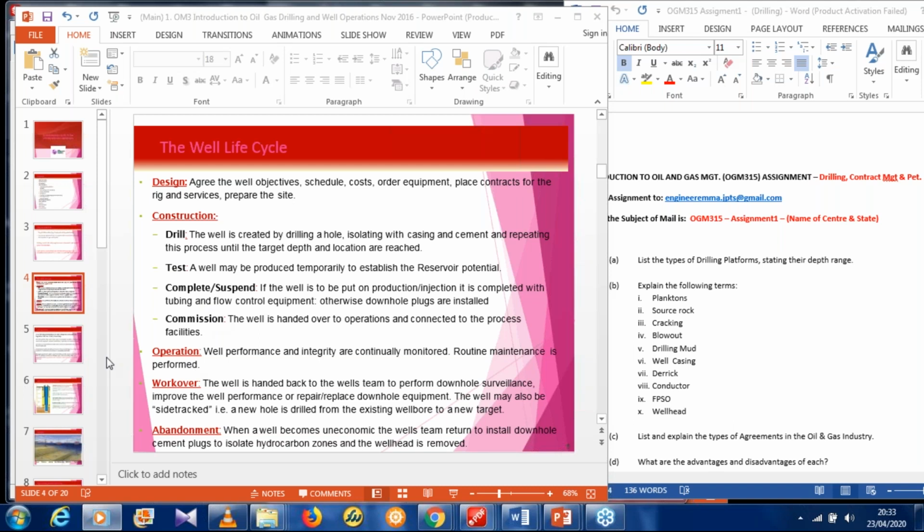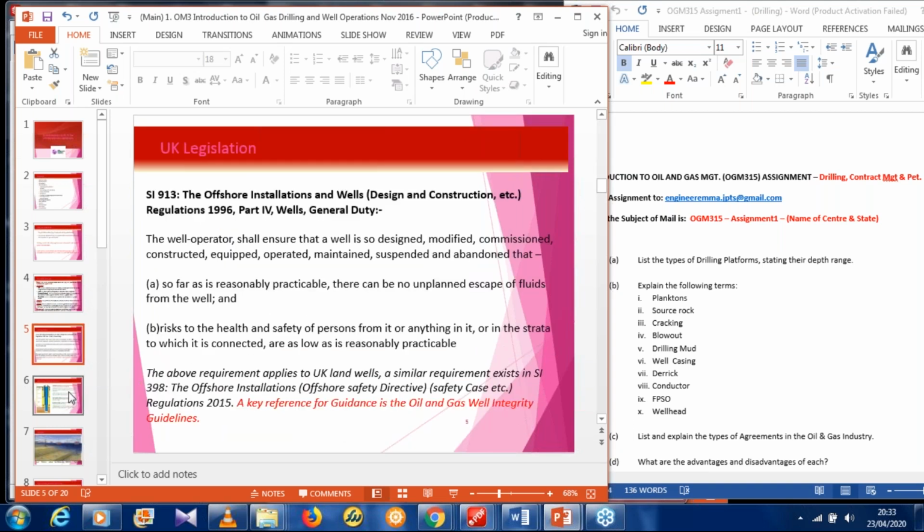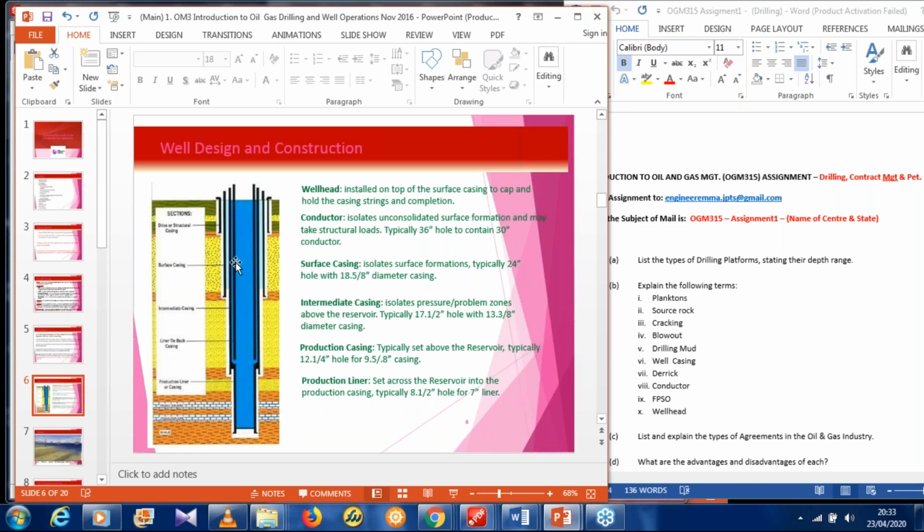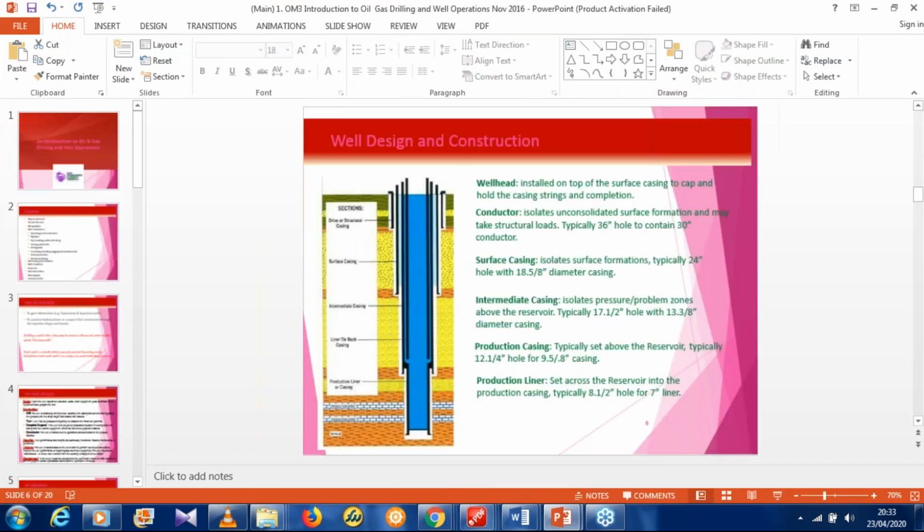All right. Now this is a typical diagram. Let me see if I can make this bigger. I hope you can see this clearly.